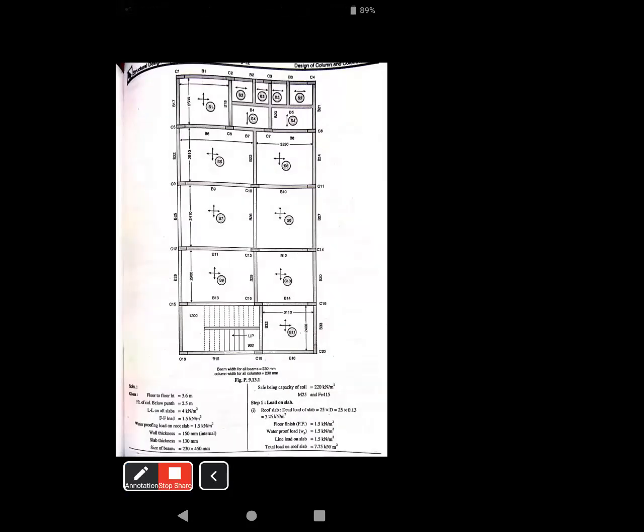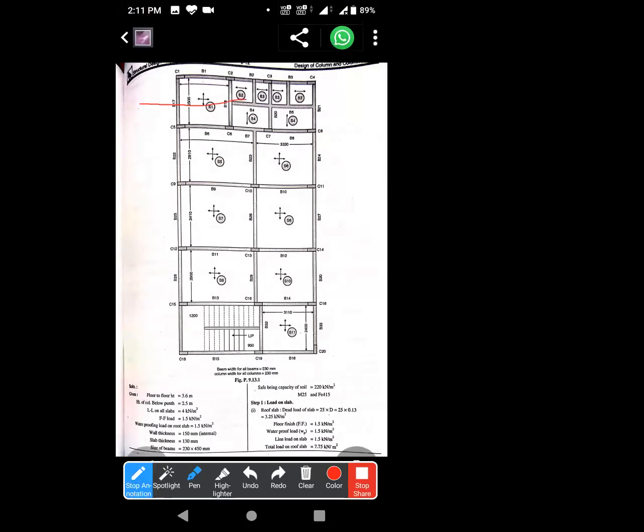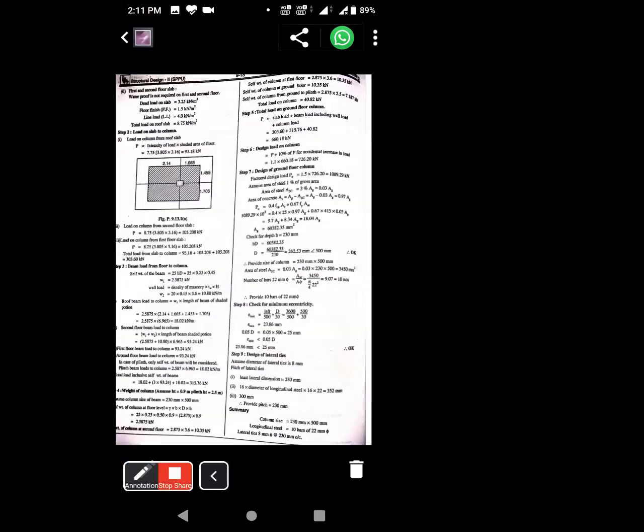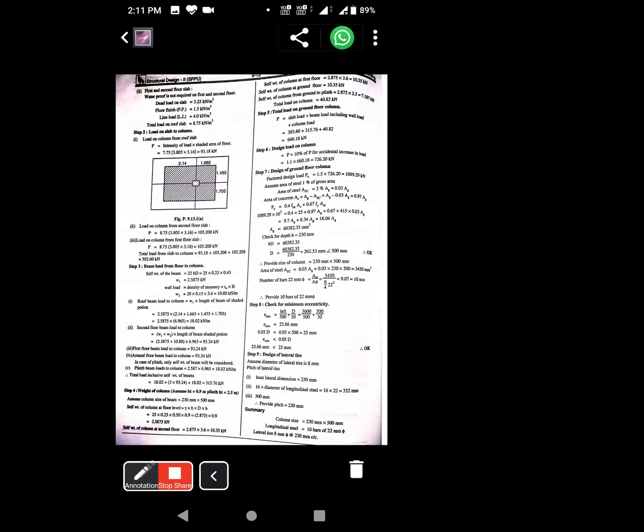The same formula is used here: dead load of slab is 25 into D. Then floor finish and live load. Total load on the slab is 8.75. You have to do the calculation here. The first and second floor slab calculation will be the same, therefore it is 8.75 for both. Second step is load on slab to column.